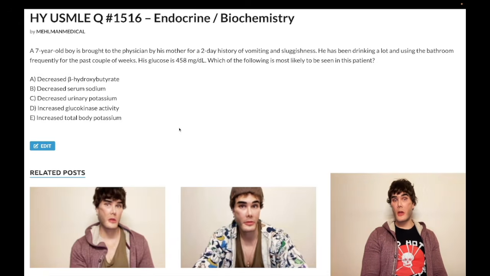So you'd select an up arrow, beta-hydroxybutyrate, down arrow, serum sodium. Now serum sodium should be 135 to 145 milliequivalents per liter. There's more medicine 301 level stuff. I'm just gonna give you a little bit more context, for fun, but for every increase of 100 milligrams per deciliter in serum glucose above 100, you're going to get a drop of serum sodium of about 1.6 to 2.4 milliequivalents per liter.